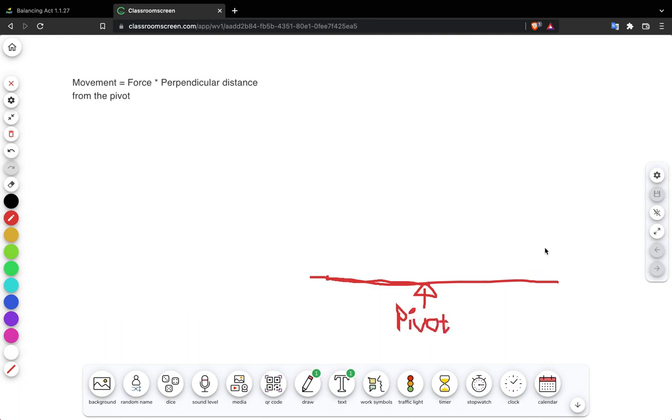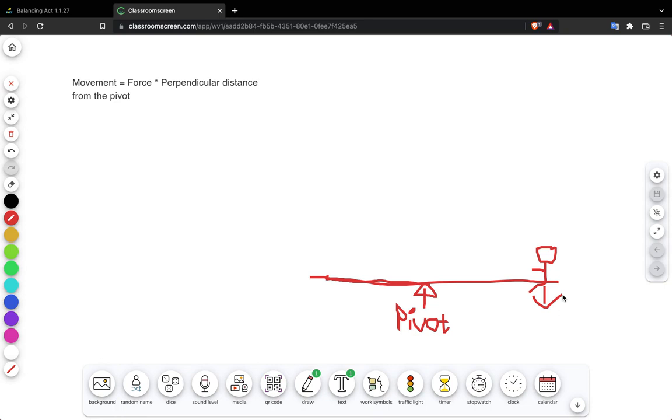So here we go. Let's just imagine someone is sitting here on one side of the seesaw. Now, as we do know, weight is equal to the mass, which is measured in kilograms, grams, etc., multiplied by the gravity.